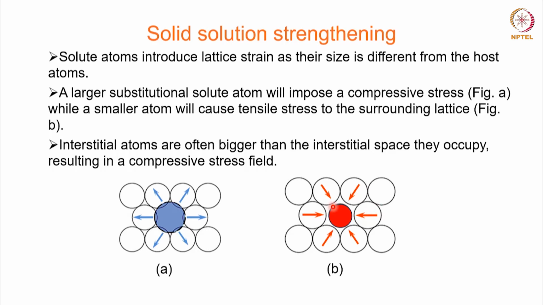So when the host atom is replaced by a smaller substitutional atom, then the space which was occupied before by the host atom is now occupied by a smaller atom. When the parent atoms surrounding it try to fill up that space freed by the smaller substitutional atom, you can see that this is going to create some kind of tensile stress on the surrounding lattice.